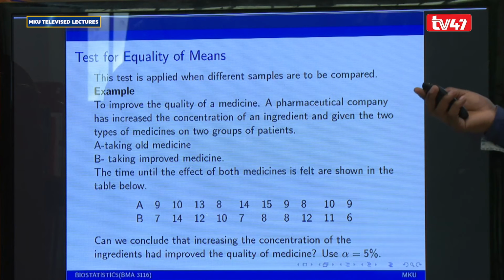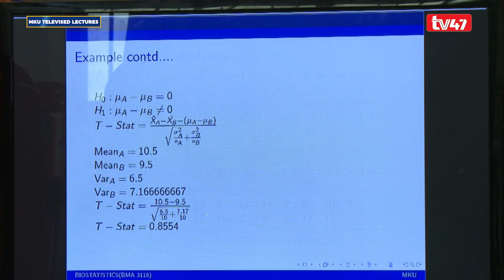Group A is taking the old medicine and Group B is taking the improved medicine. The time until the effect of both medicines is felt is shown below. We have that set. So can we conclude that increasing the concentration of the ingredient has improved the quality of medicine? And we are told to use an alpha of 5%.